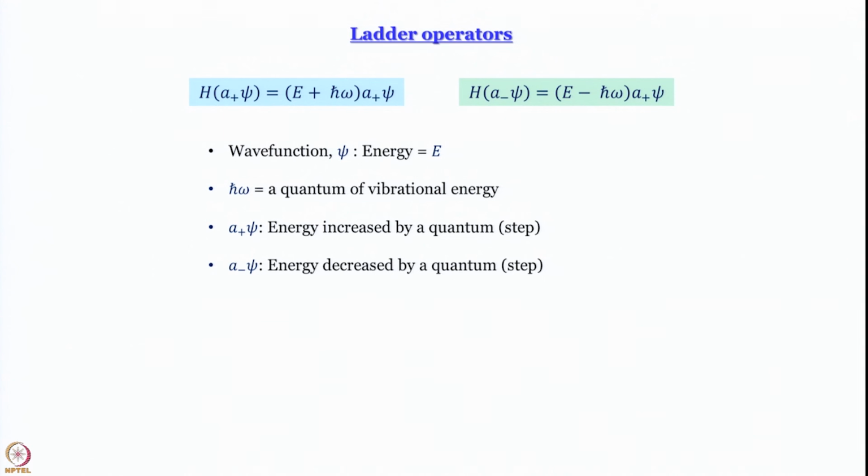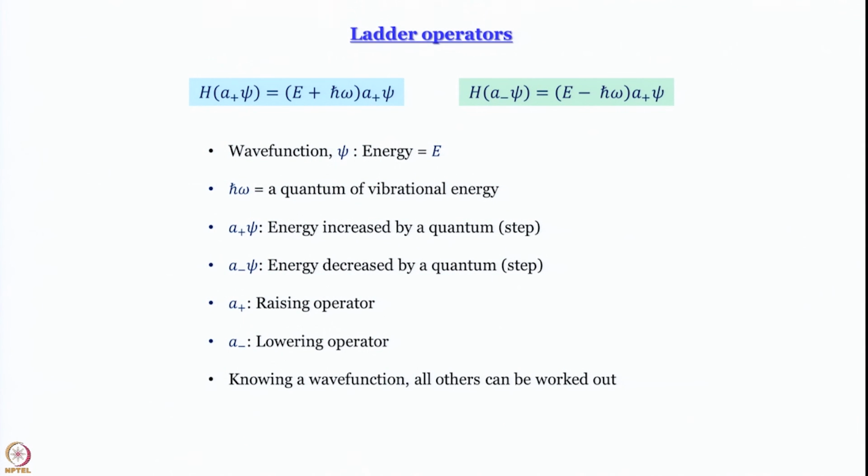When A minus operates on psi, it produces a wave function that is lower in energy by a step, by a quantum. So, A plus is like climbing the energy ladder, it is called the raising operator. A minus is like going down the energy ladder, it is called the lowering operator.